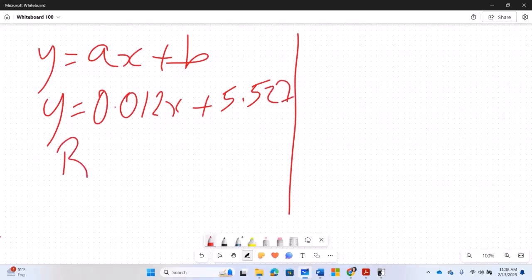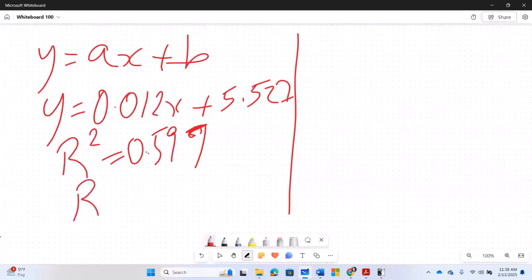The coefficient of determination, r squared, is 0.597. The coefficient of correlation is 0.773. Okay, so I have that.